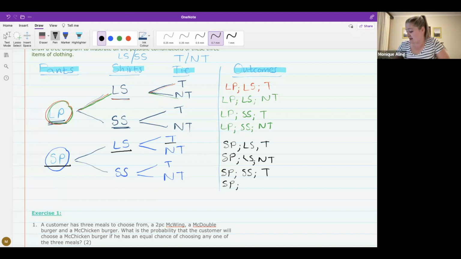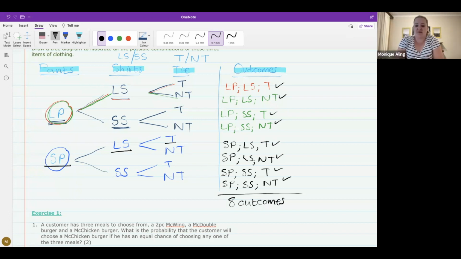Short pants, short sleeve, no tie. You wouldn't think that you would actually have all these different kinds of options with these three items of clothing. The last thing we need to do is count how many outcomes there are. There's 1, 2, 3, 4, 5, 6, 7, 8 possible combinations with these three items of clothing.